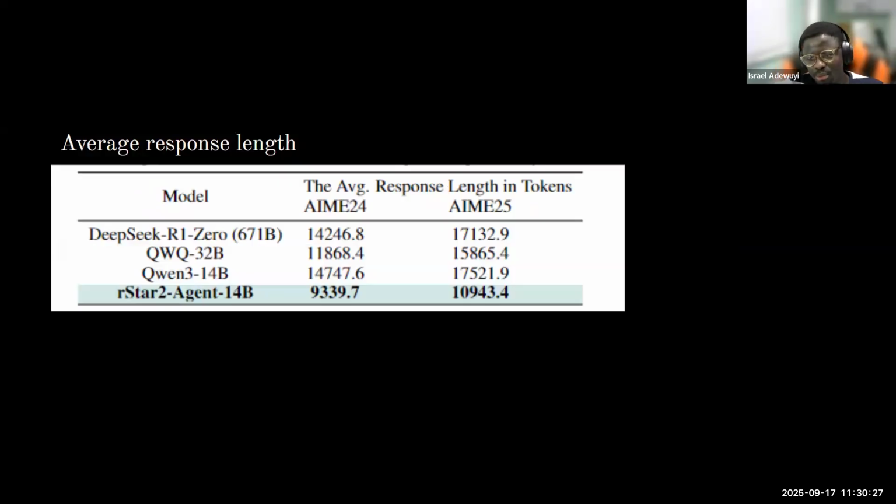So another thing that the authors emphasized in the paper was the difference in the response length. Again, I said earlier that one of the problems with multi-turn agentic training is the fact that you could very easily have long chains of thought.